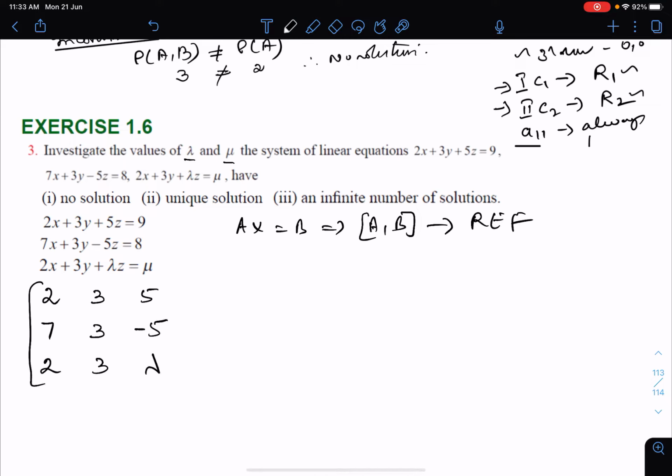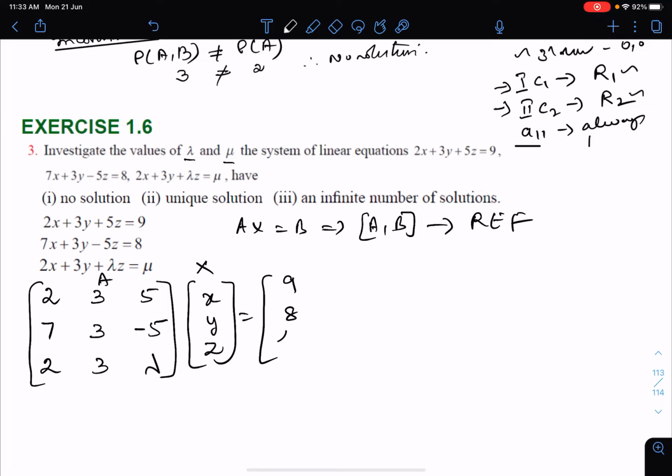What is our X? X is going to be our unknowns, X, Y and Z. And what is going to be our B? The constants on the right hand side, 9, 8 and mu. This is our B.